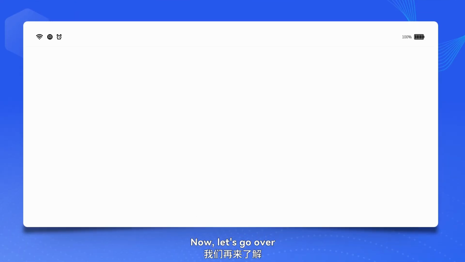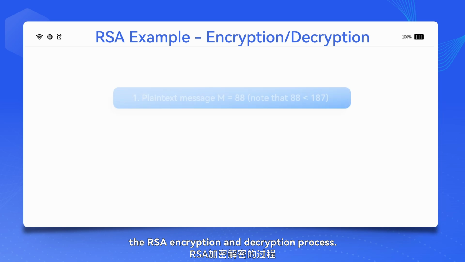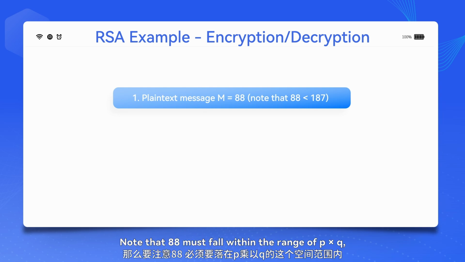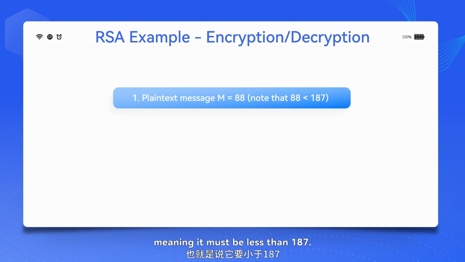Now, let's go over the RSA encryption and decryption process. Suppose we have a plaintext message M equals 88. Note that 88 must fall within the range of P times Q, meaning it must be less than 187.